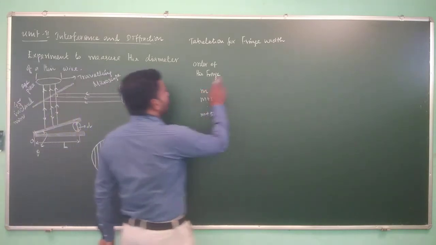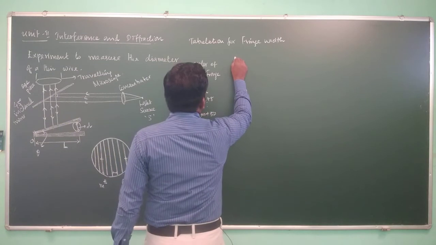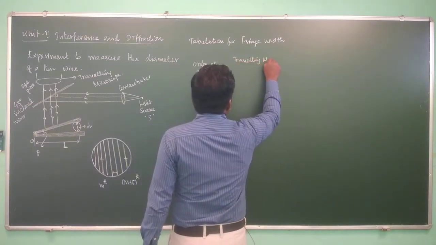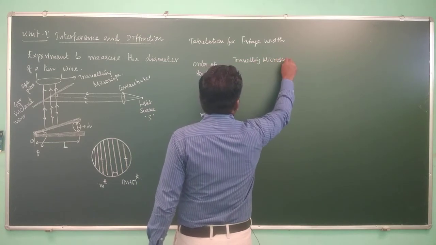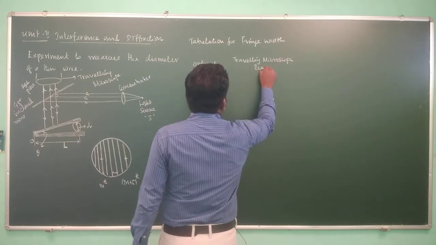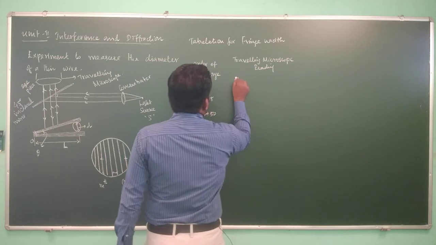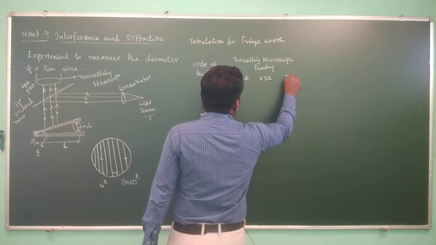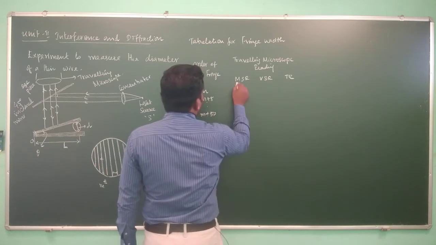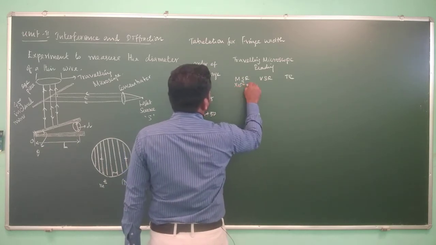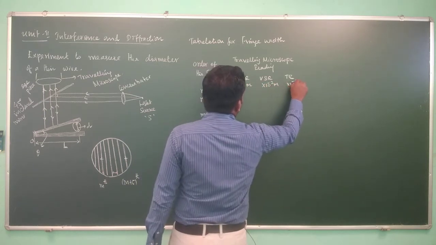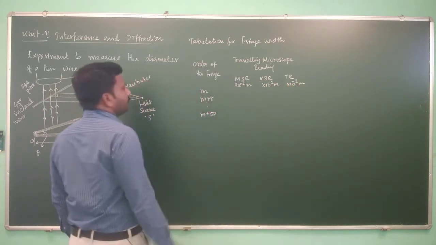For each we record the main scale reading, Vernier scale reading, and total reading. All readings are in centimeters, so we convert to meters by multiplying by 10 power minus 2.